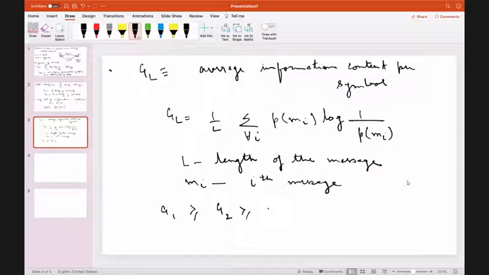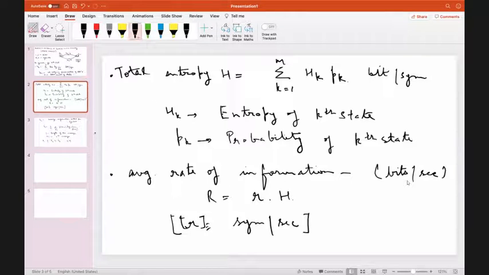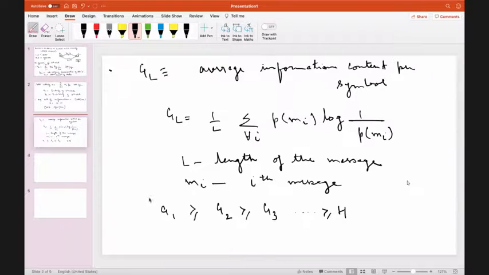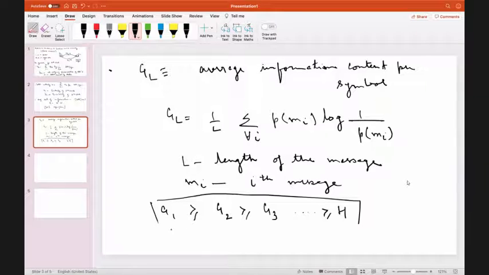And this is greater than that in which messages are comprising of 3 symbols. And this will go on and will be greater than or equal to H, which you have evaluated over here, this H. So this is a general rule, and once we do numericals, we can verify it.